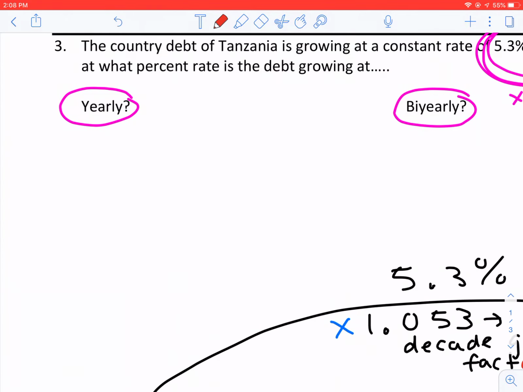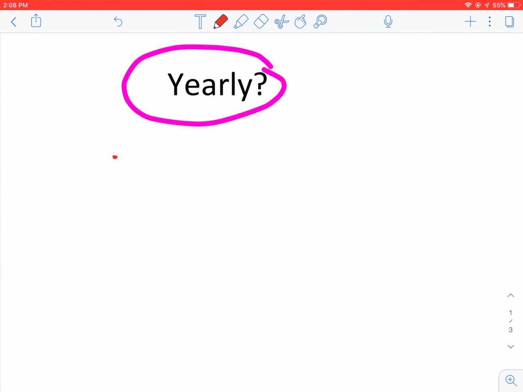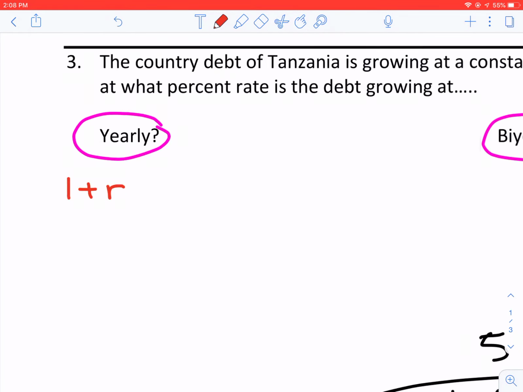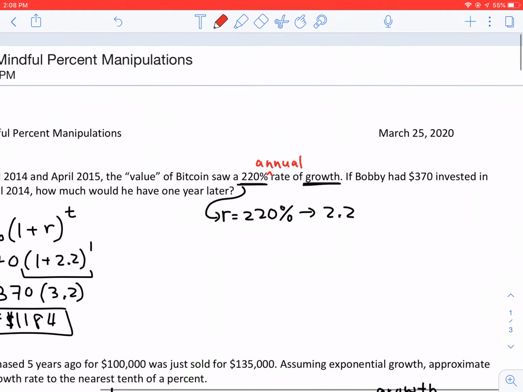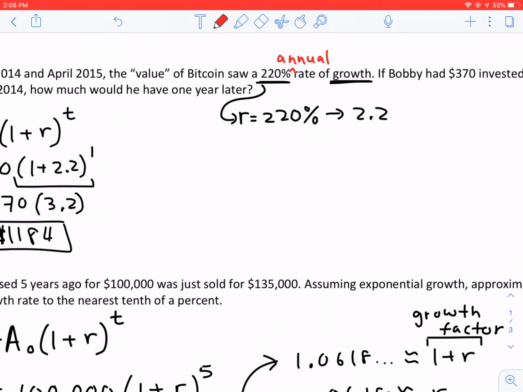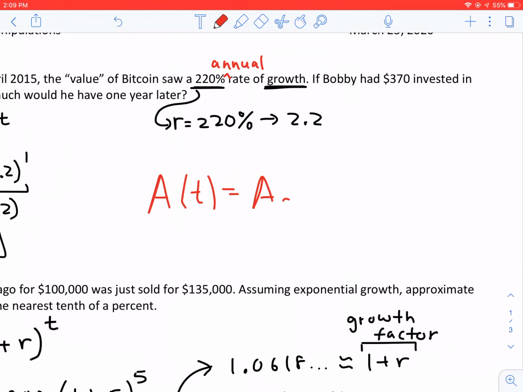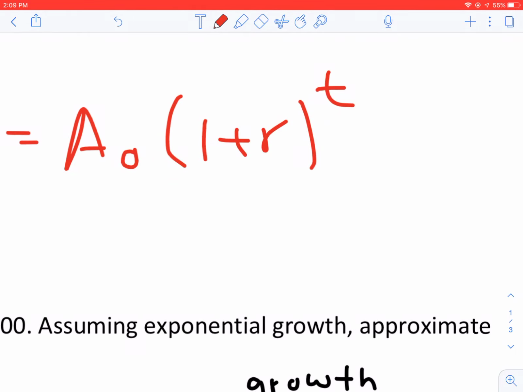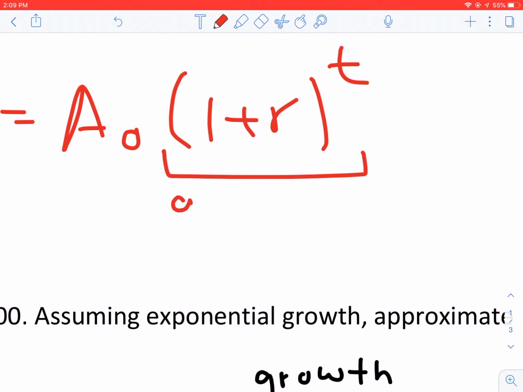So the way we write a yearly growth factor is 1 plus r, right? If we go back to the warm-up, I'm just going to rewrite our general formula for exponential growth again. Again, remember, 1 plus r, that together is the growth factor.